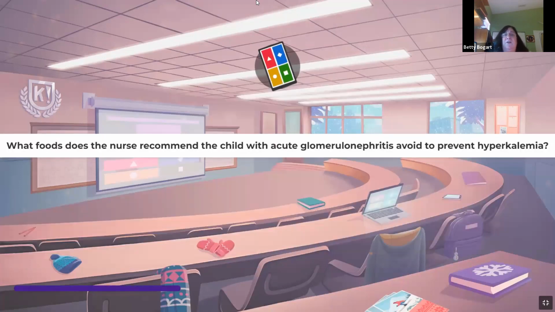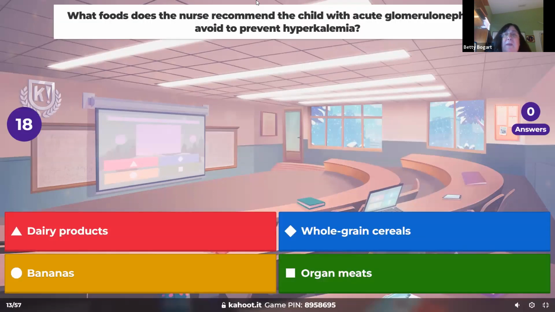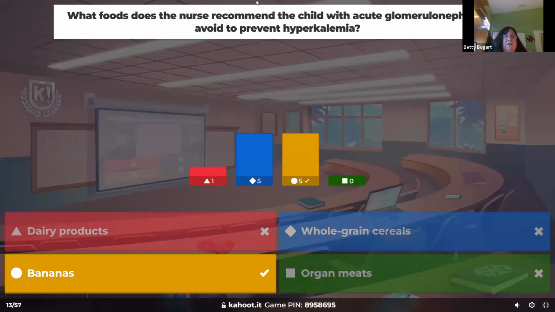What foods does a nurse recommend the child with acute glomerulonephritis to avoid to prevent hyperkalemia? So which of these have a lot of potassium in it? So bananas are extremely high.